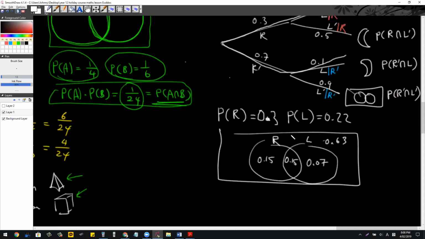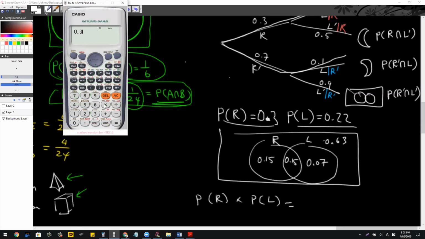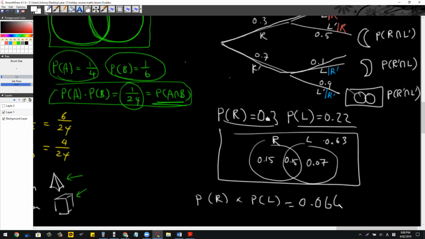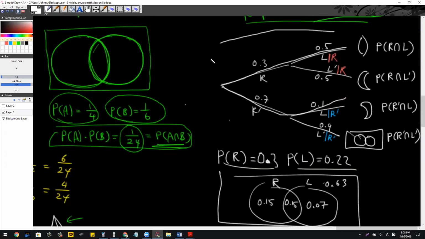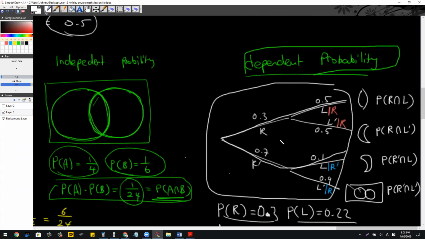Now let's have a look. Probability of raining times probability of light. Let's multiply these two and see what we get. That's 0.3 times 0.22, which gives us 0.066. Is that the same as this middle probability? It's definitely not. Looking at this tree diagram, you can see that these two events are not independent.